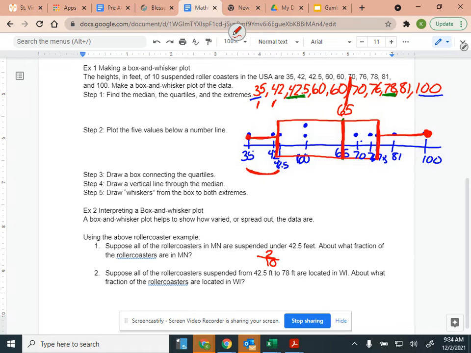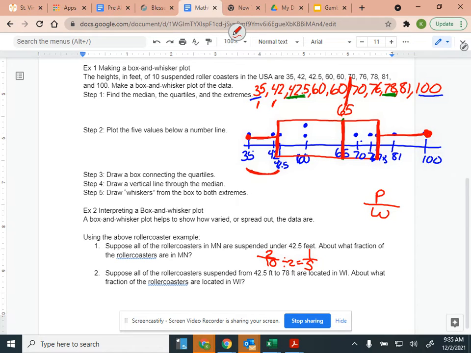So 2/10, or we could simplify that and divide out that 2. So it's 1/5 of the roller coasters are located in Minnesota. Because we were able to see that only 2 of them out of the 10 fit what we were looking at. So when they're asking for the fraction, that numerator is the part that fits in, and the denominator is the whole.